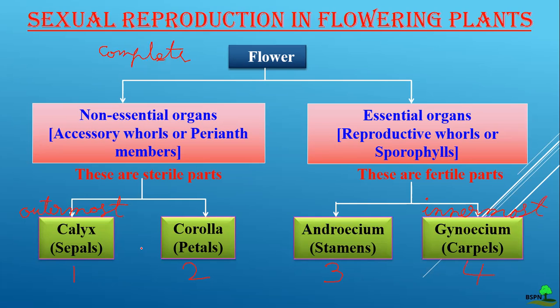So remember, of the four whorls in a complete flower, outermost is the calyx, innermost is the gynoecium. Based on what we just learned, let's have a look at two or three questions.